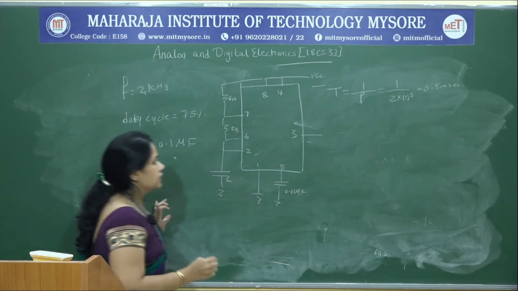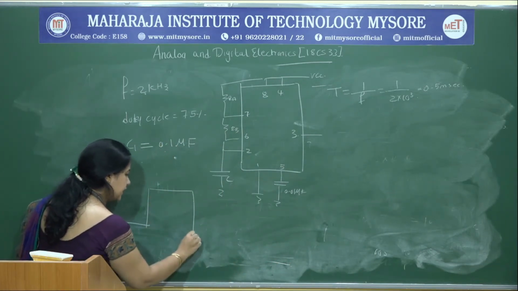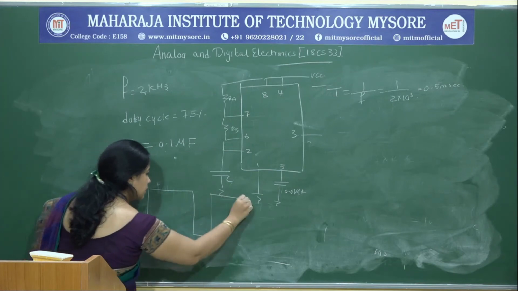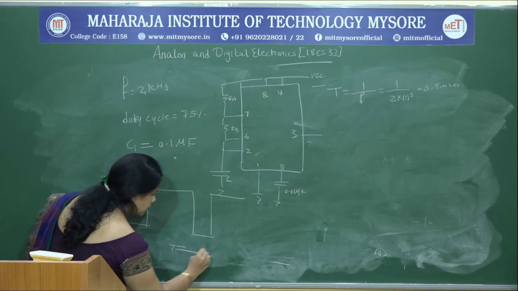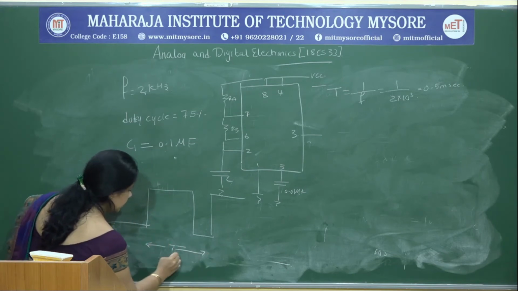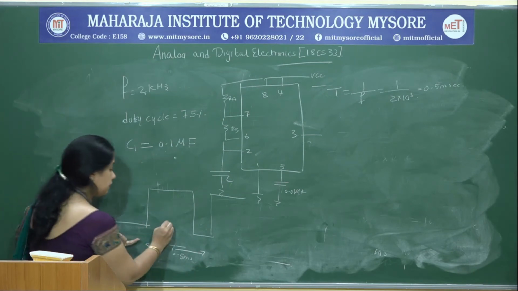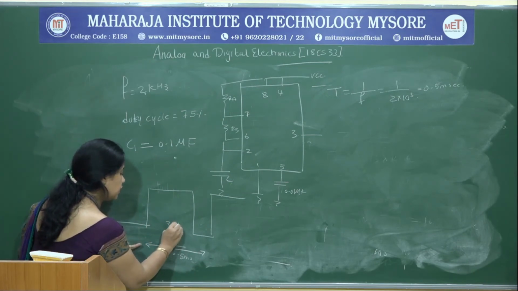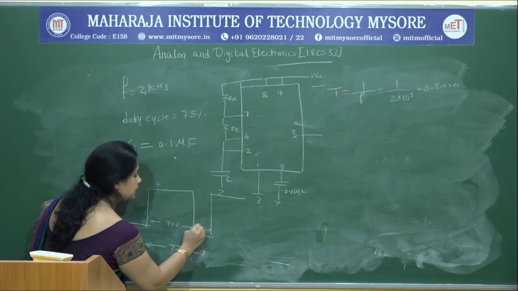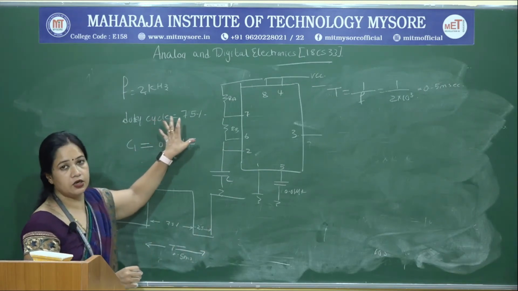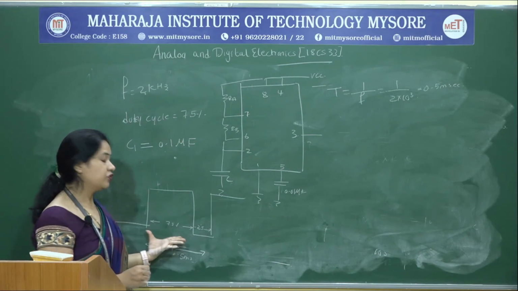And he says the total time period is 0.5 milliseconds, and out of the 0.5 milliseconds, 75% is your T on and 25% is your T off. When I say duty cycle of 75%, T on is 75% of the total time.